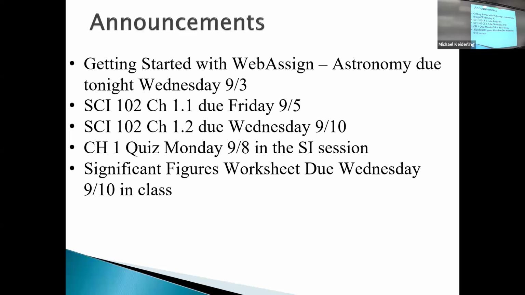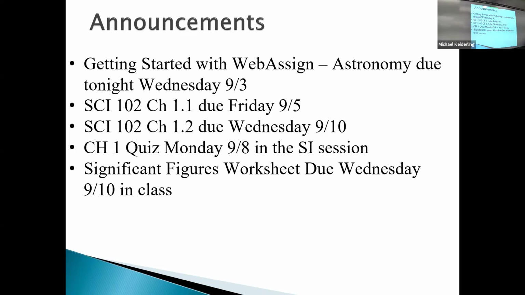For some reason, Cengage has decided that we are in Eastern Standard Time, even though we are not. So the due date is at 11 p.m. Well, it's actually 10:59, but basically 11 p.m. This is really easy, so you should be able to do it, no problem.